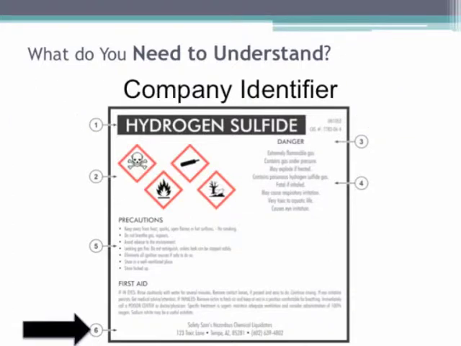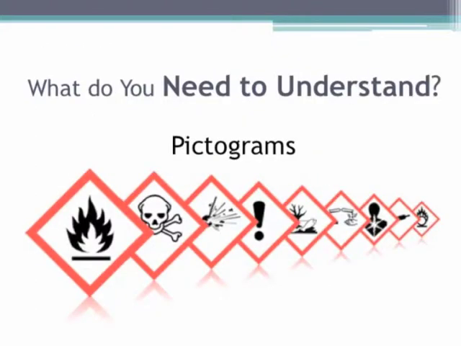The label and SDS or safety data sheet must have the manufacturer, importer, or distributor's name, address, and phone number. The label and safety data sheet will now have pictograms that are universal and communicate specific information about hazards or safety issues related to that product.